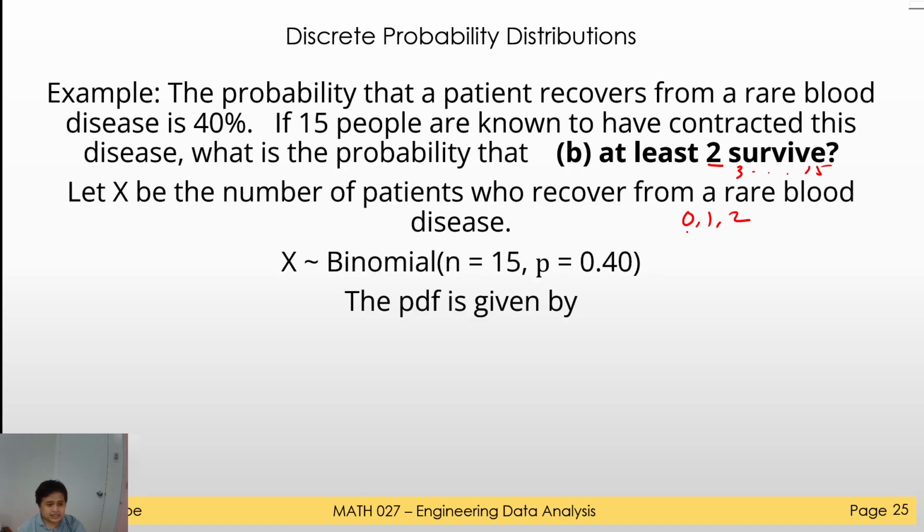Okay? So we can just add these cases, and then subtract this from 1.